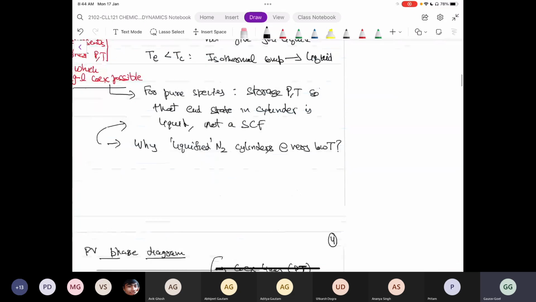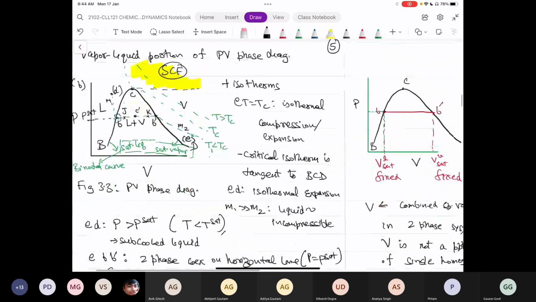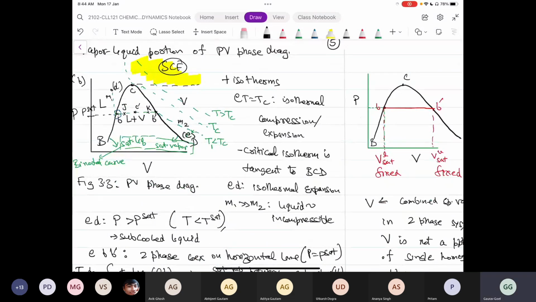Okay, so if you now go to PV diagram, at B, V is equal to 0, L is equal to 1. At B prime, V is equal to 1, L is equal to 0. And in between, L is decreasing from 1 to 0, V is increasing from 0 to 1.